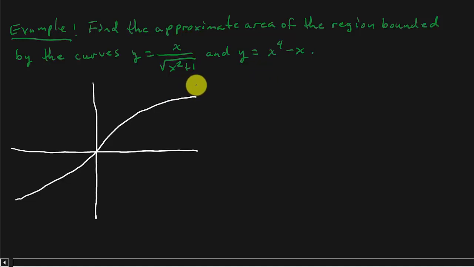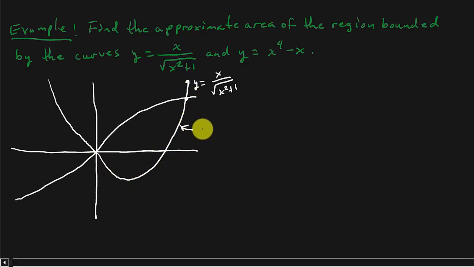This graph here is y equals x over the square root of x squared plus 1. And then the graph of the other one is going to look something like this. And this is going to be the graph of y equals x to the 4th minus x.